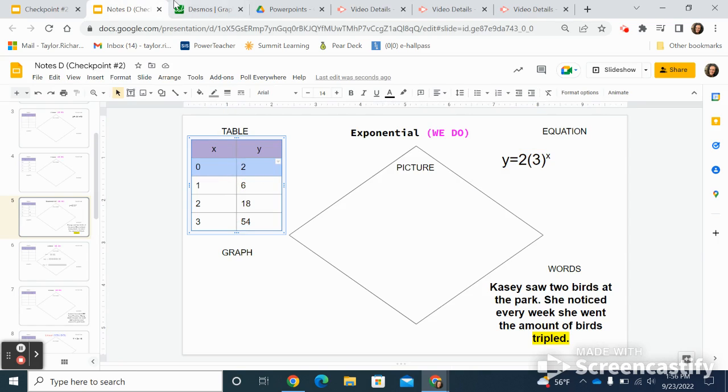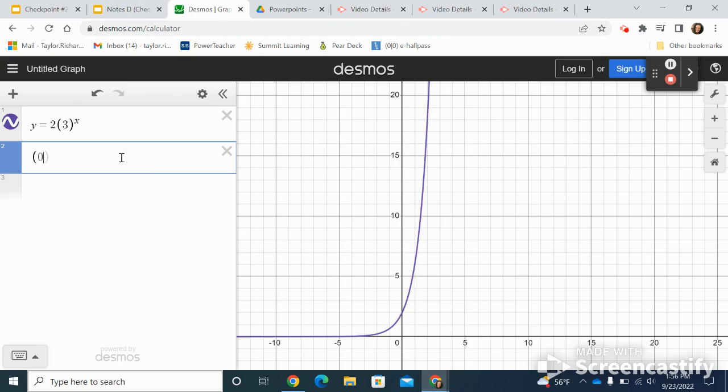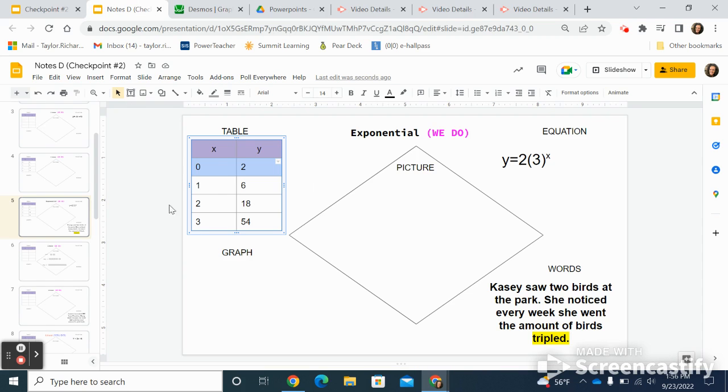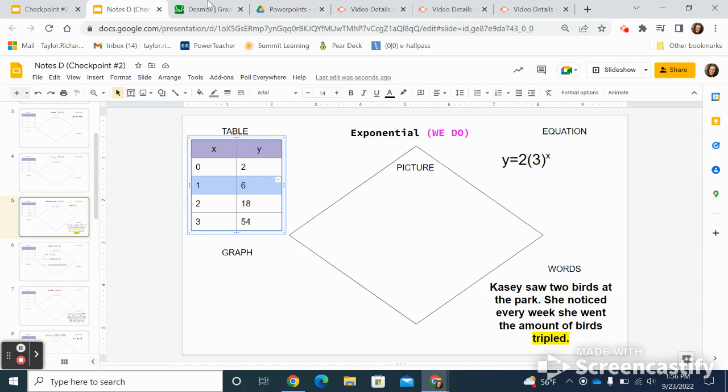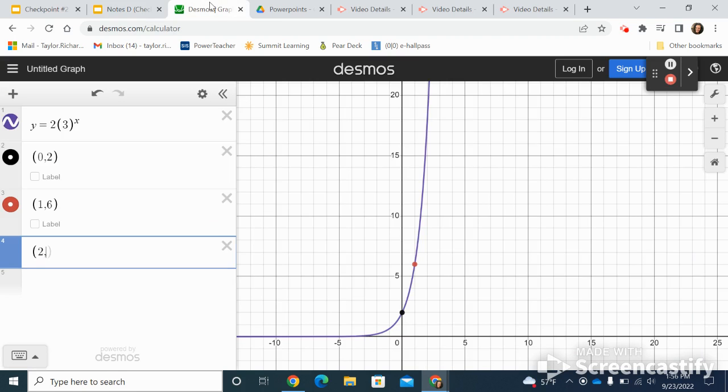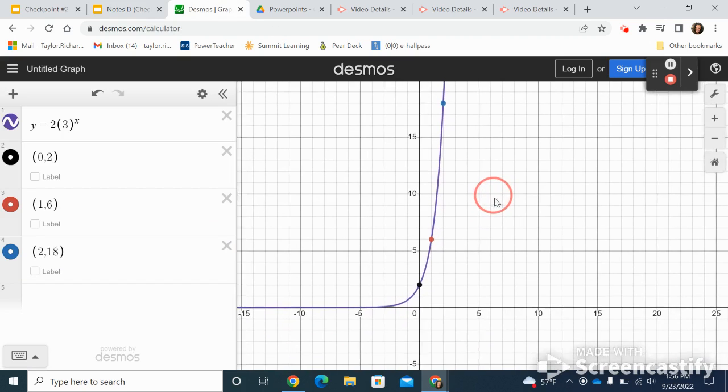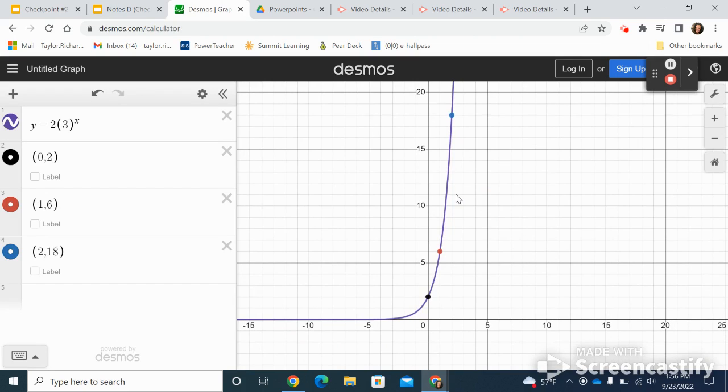So I'm going to start with 0, 2. And I'm going to do 1, 6, parentheses, and then I'm going to do 2, 18. And then I'm going to zoom out just a little bit. And it looks like all 3 points are on my line, which means my table's right and my equation's right.